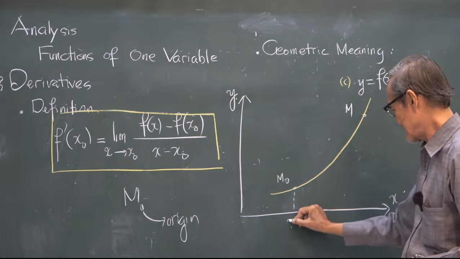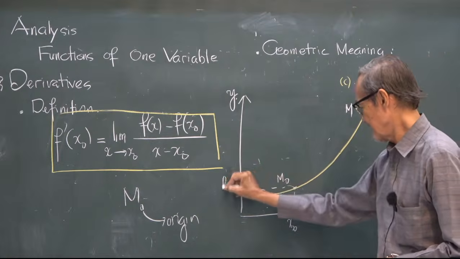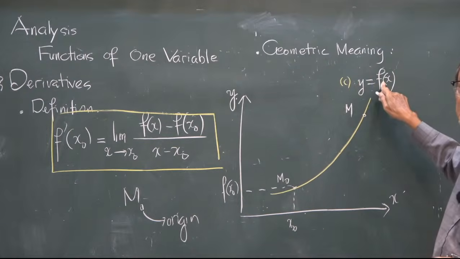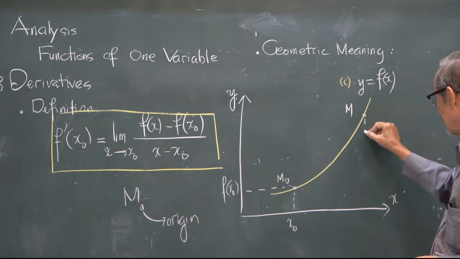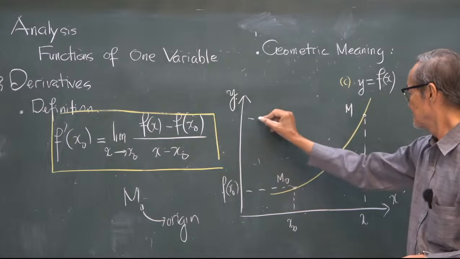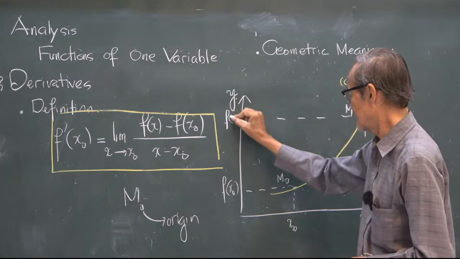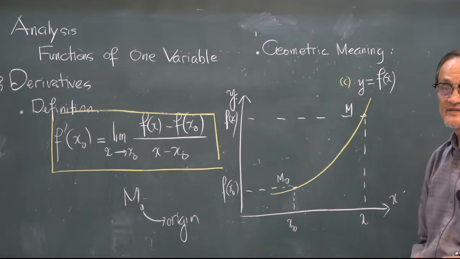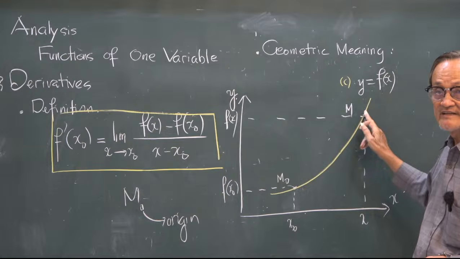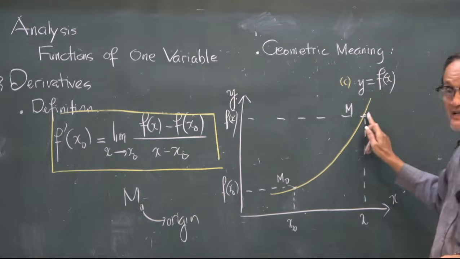M0 is x0 and f of x0, and M is x and f of x. Okay, you consider 2 points on the curve, M0 origin and M another one.